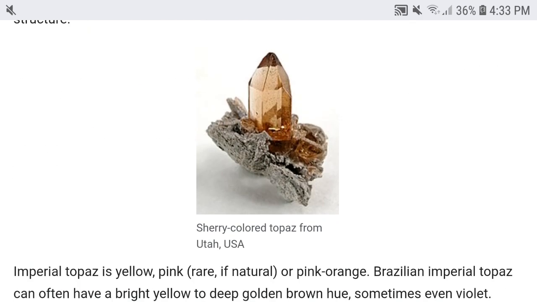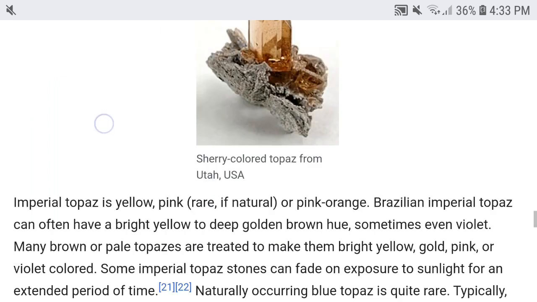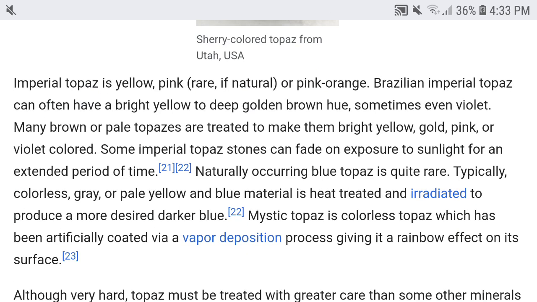Okay, let's see the picture. Sherry color topaz from Utah, USA. So this is, I guess, the orange, brownish, yellowish, golden yellowish ones, but more like brown, I guess. Imperial topaz is yellow, pink, or pink orange.